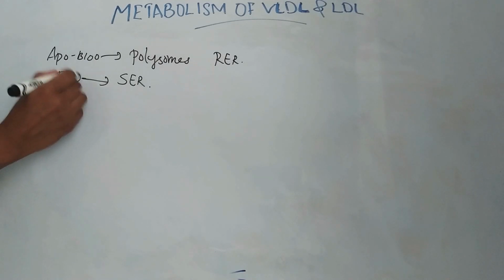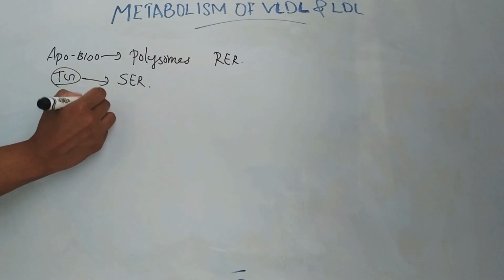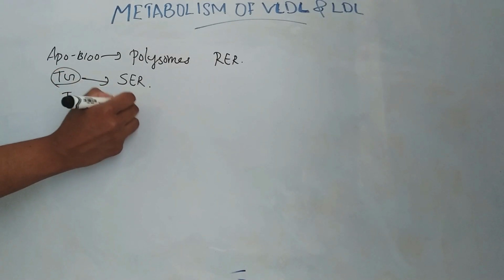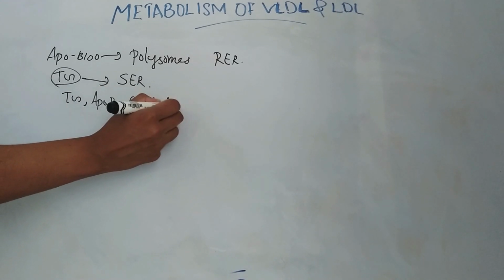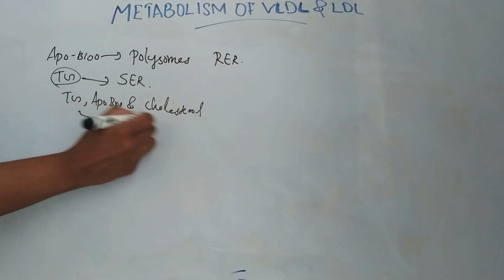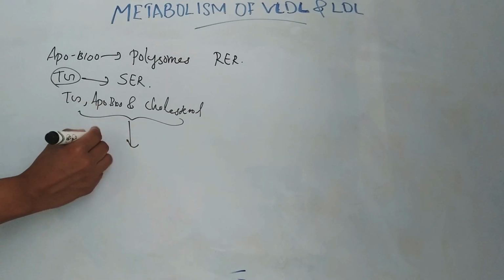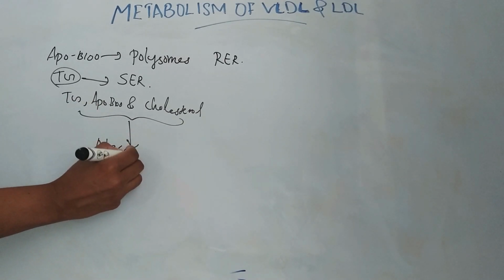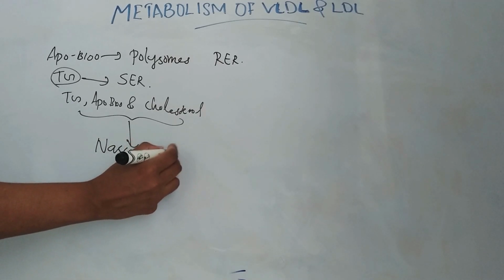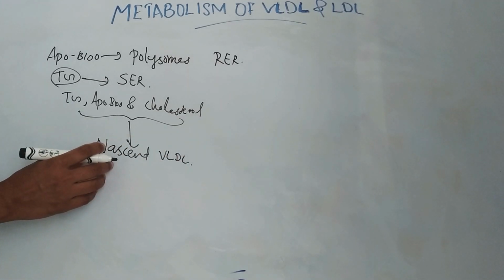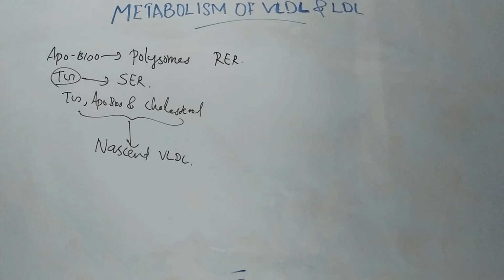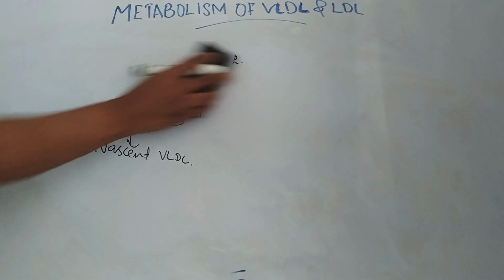These endogenously formed triglyceride, ApoB100 and cholesterol together form a lipoprotein complex that is known as nascent VLDL. Nascent means newly secreted or newly synthesized VLDL.